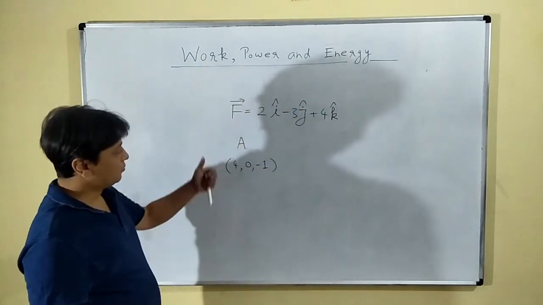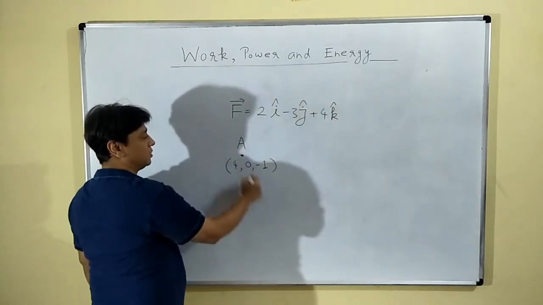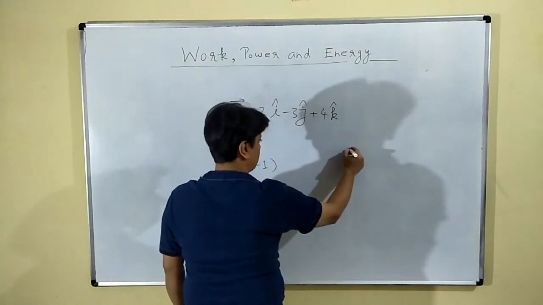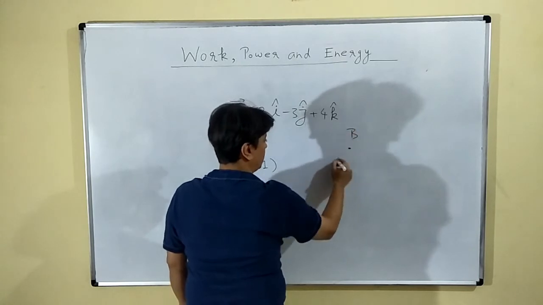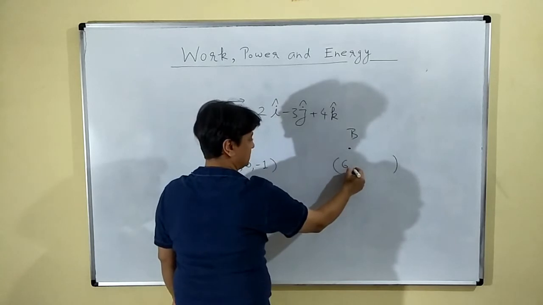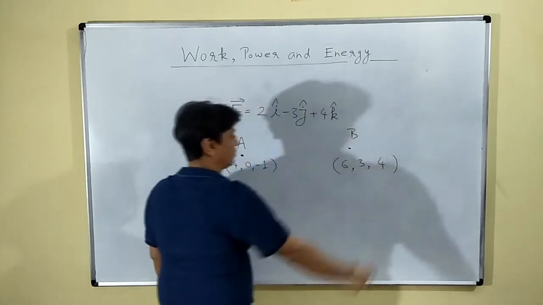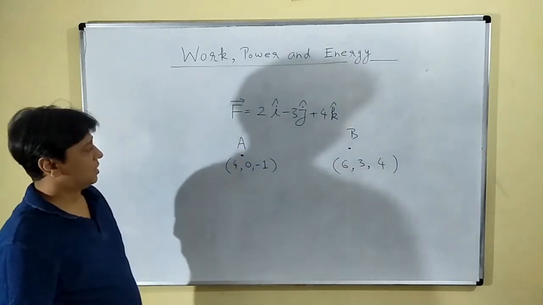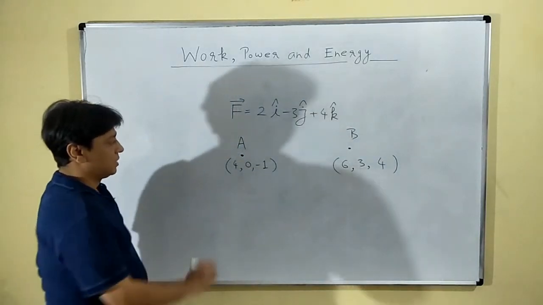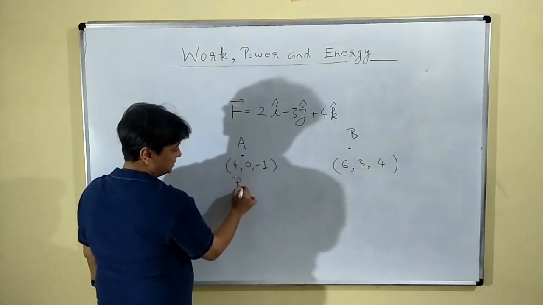An object moves from point A to point B. And coordinates of point B are in this form: 6, 3, 4. When the object was at A, it was at rest.